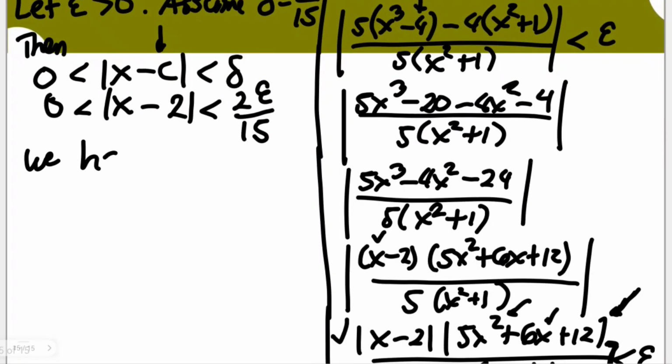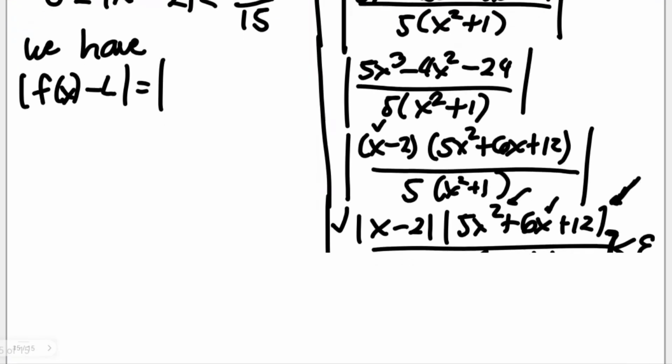We have the absolute value of f(x) minus L is equal to what final expression? Probably this.